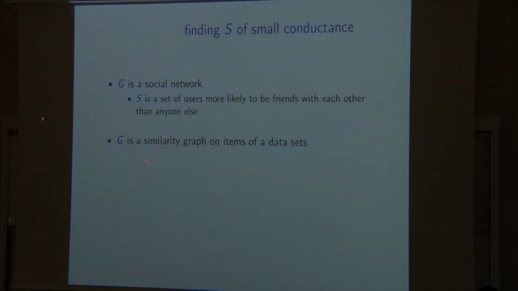And in some clustering problems, it's a useful first step to construct a graph that has a data item per vertex, and the presence of an edge means that two items are similar according to some similarity measure. Then a low conductance set will be a subset of the data that are much more similar to each other than to anything else.